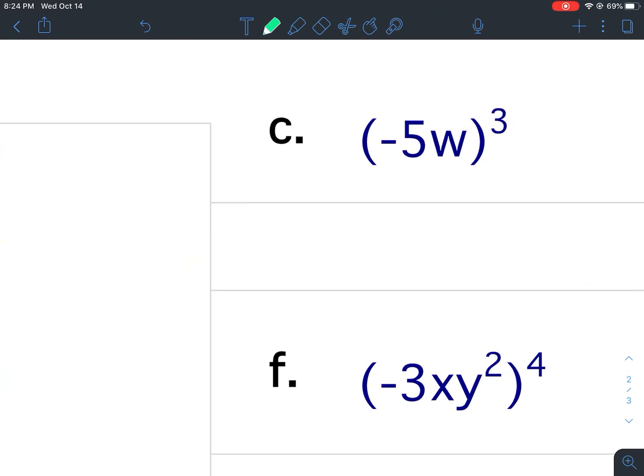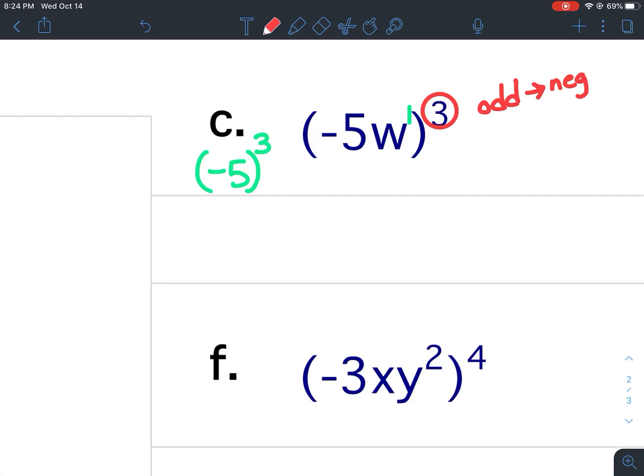For C, -5 to the 3rd power. Go ahead and put a 1 on my 3 here. That is an odd exponent, which means it's going to be negative.